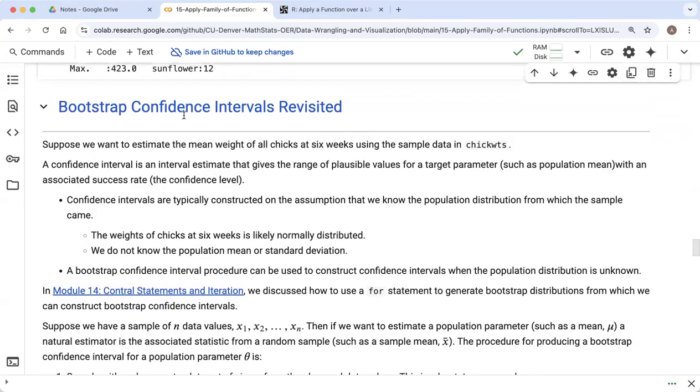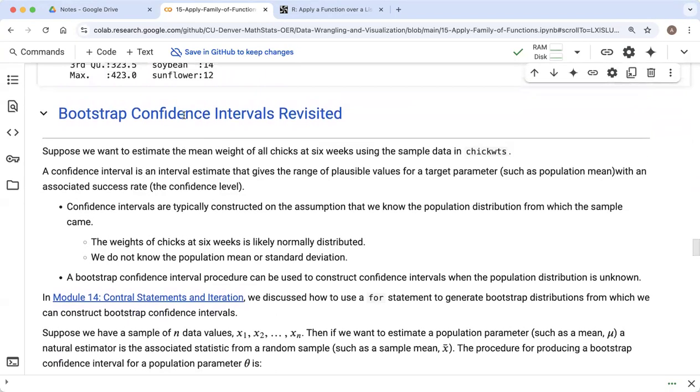Okay, so maybe rather than thinking about what happens with the chicks that receive different types of food, we think about them all grouped together: what is the average weight of all 6-week-old chicks? Well, we've got a sample of 71 chicks.